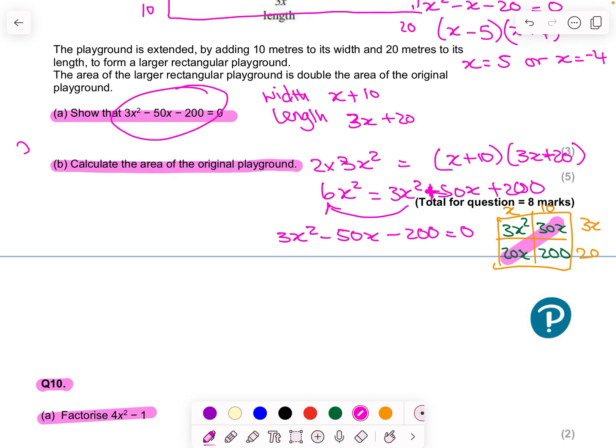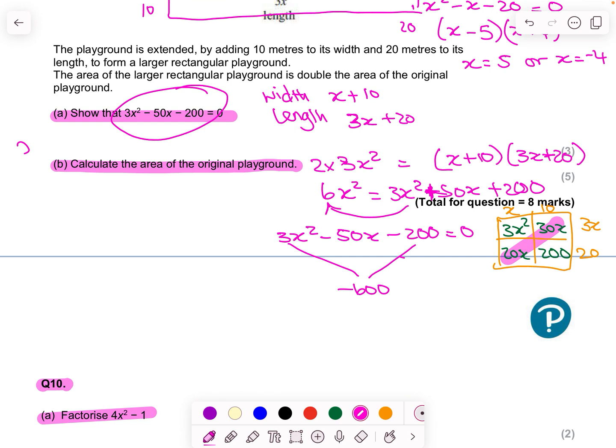So I'm going to try and factorise, and if it doesn't, we will have to leave that one. So 3 times minus 200 is minus 600. And I'm looking for two numbers that multiply to make minus 600, but add to make minus 50.